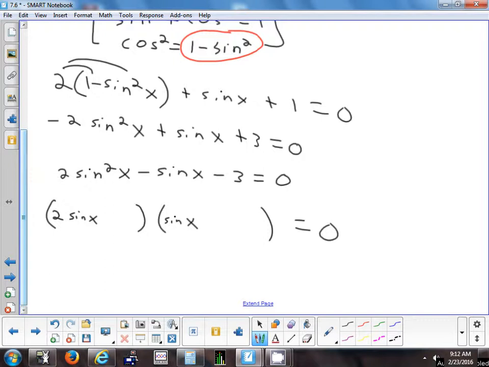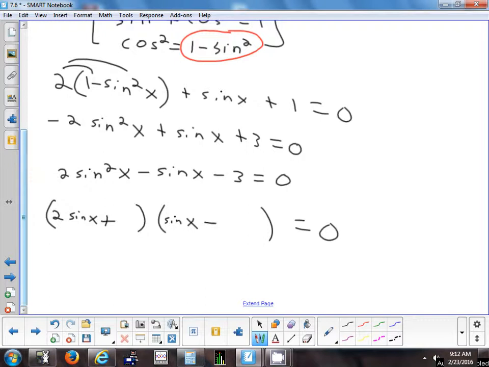Now I have a negative middle and a negative constant. What do my signs have to be? I need a negative and a positive. Let's try the positive, negative, and 2 numbers that multiply to give me 3.